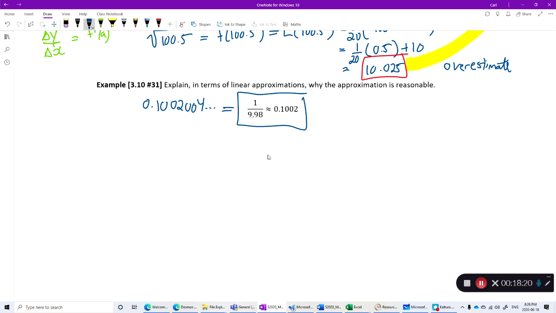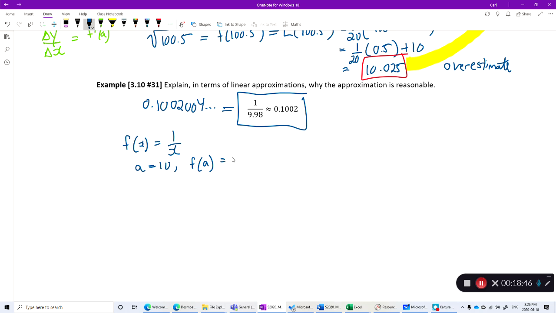So here's what we're doing. We're saying, imagine this function, f of x is 1 over x. That's where this is coming from, right? This is 1 over something. Where do we know the exact value of 1 over x? Not at 9.98, but if we choose a equals 10, then we know the exact value, right?